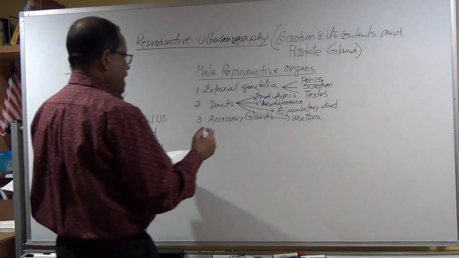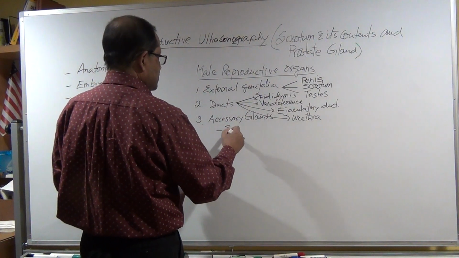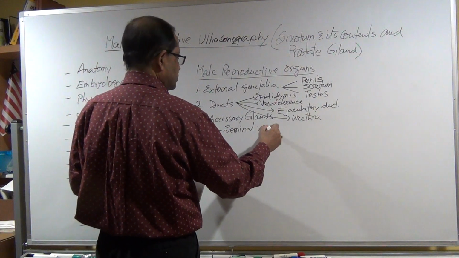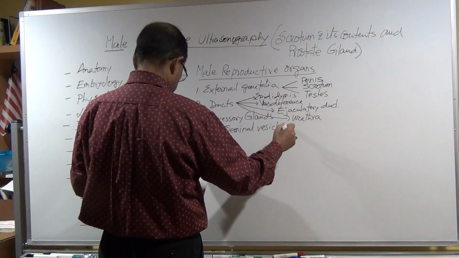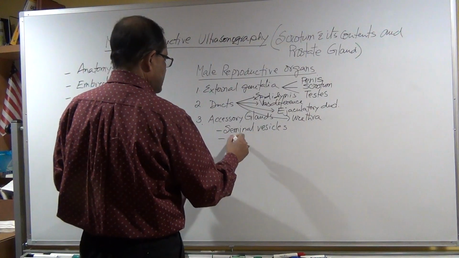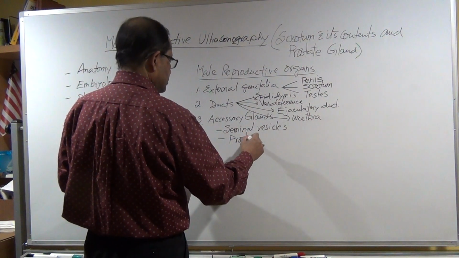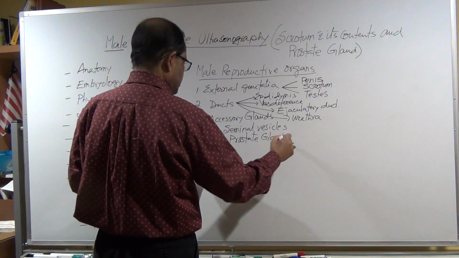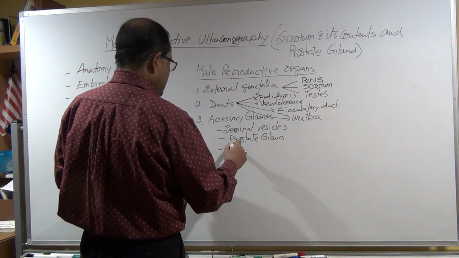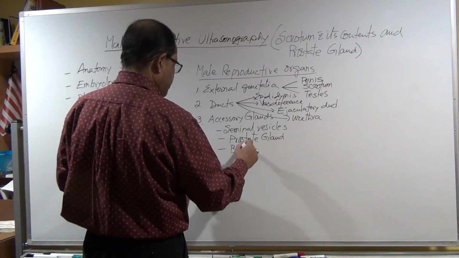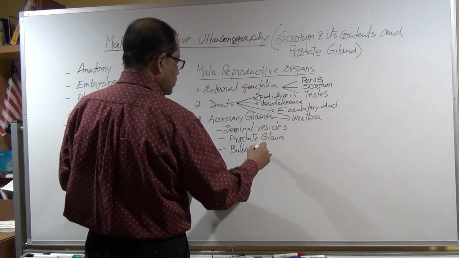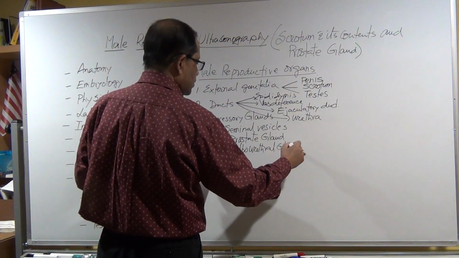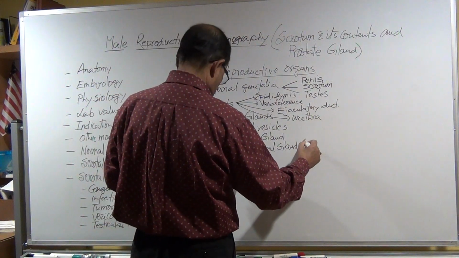For the accessory glands, the seminal vesicle, prostate gland, and the bulbourethral gland, also known as Cowper's gland.